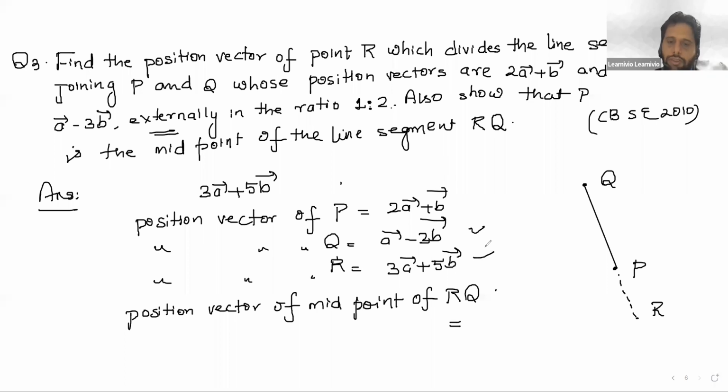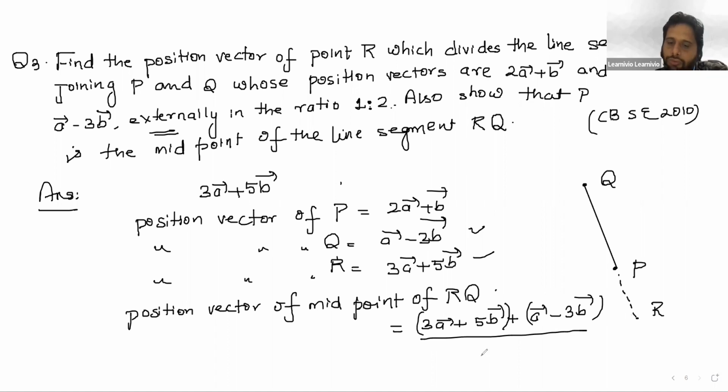So add these two: 3A plus 5B plus A minus 3B, by 2.